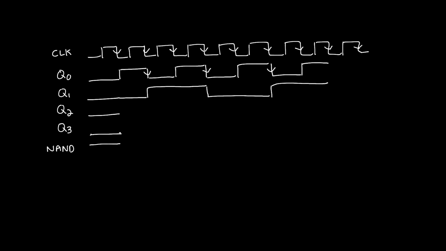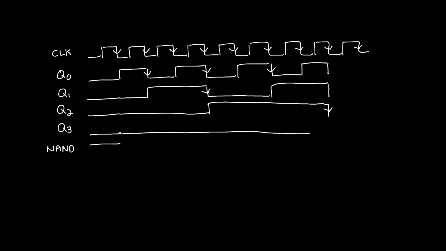So let's go high over here. What happens to Q2? So Q2's clock is Q1. So Q2 is going to stay 0 until the negative edge of the clock over here. And then I will show Q1 going low. And here I'll show Q2 going low. And since Q2 is the clock for Q3, I'm going to put a little arrow at the falling edge of Q2.